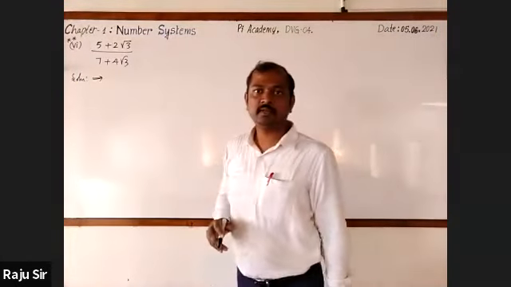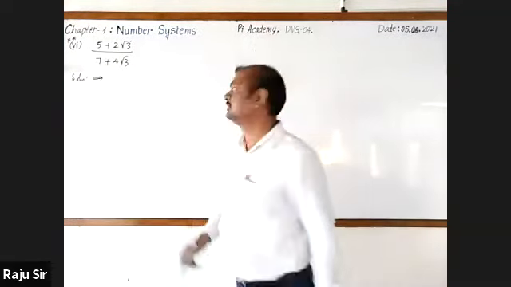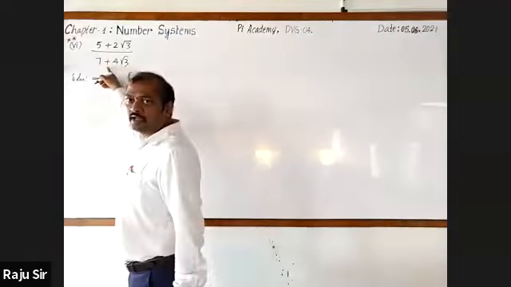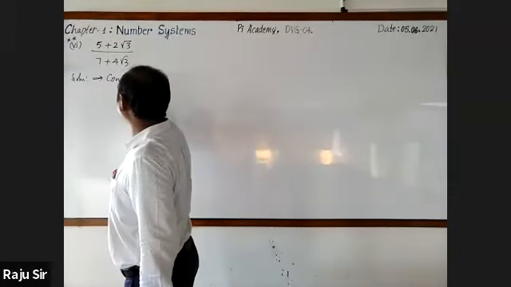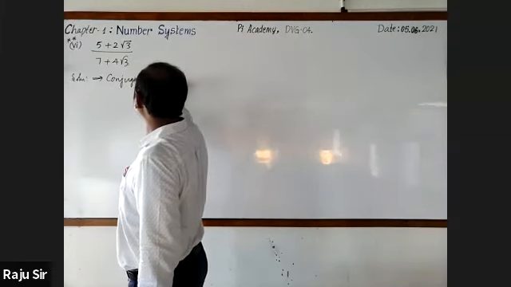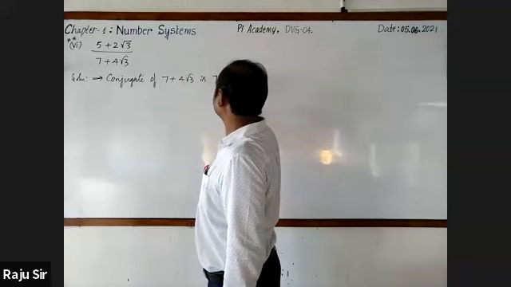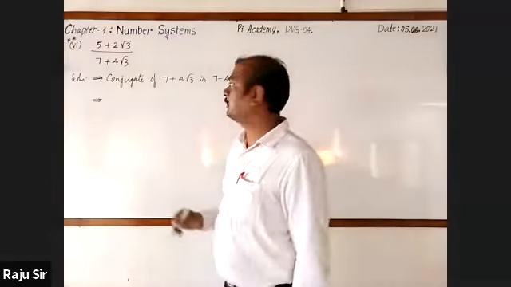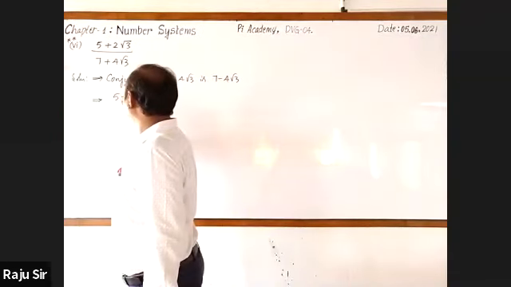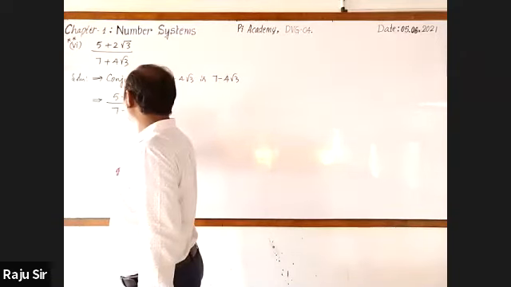Go on writing with me. Prajwal, are you writing? The conjugate of the denominator. Conjugate of the denominator, that is 7 plus 4 into root 3, is 7 minus 4 into root 3. Next, write the given statement: 5 plus 2 into root 3 divided by 7 plus 4 into root 3.